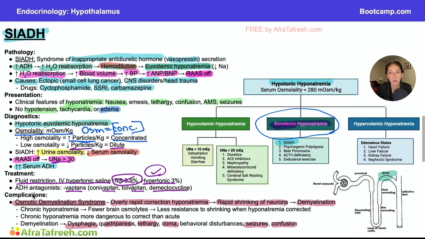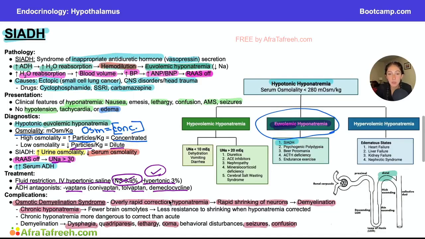A little bit on the pathophysiology of this. So when you have chronic hyponatremia, your brain is going to adapt. There's not as much salt in circulation, so there's not as much salt holding on to the liquid that's in your blood, which means that fewer brain osmolytes are required to pull water into the brain and maintain its turgor.